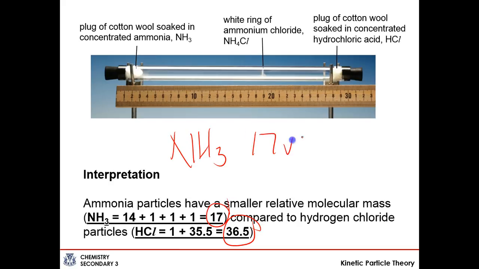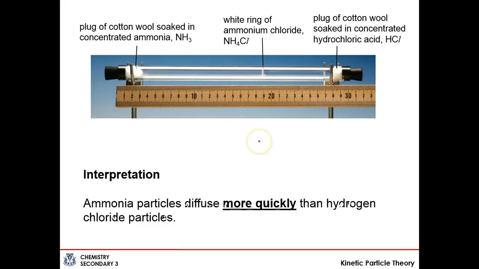So 17 versus 36.5, this is almost a doubling. So HCl is almost twice as heavy compared to ammonia. Each molecule of HCl is twice as heavy compared to each molecule of ammonia, which means that the lighter ammonia particles can diffuse more quickly than the heavier HCl particles.